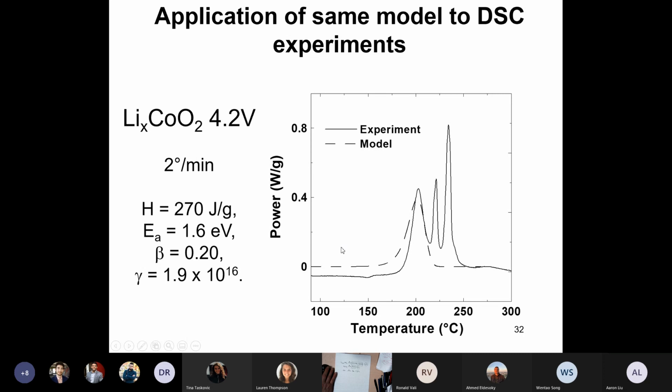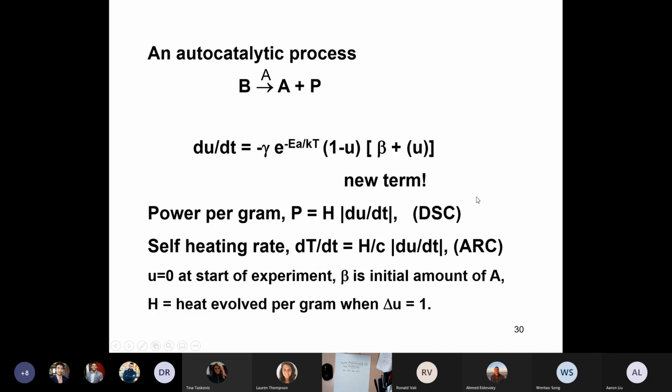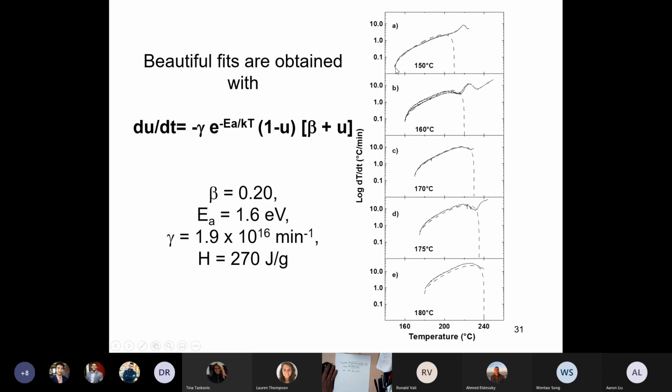So I don't know if Inez is listening in, but Inez has been doing some accelerating rate calorimetry, and she has not been trying to extract reaction kinetics. And in order to do so, you basically have to do these experiments where you start at different temperatures and look and see what happens and decide if you need an autocatalytic reaction or just the first order reaction is enough, or whatever happens.